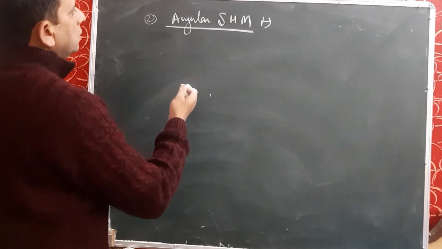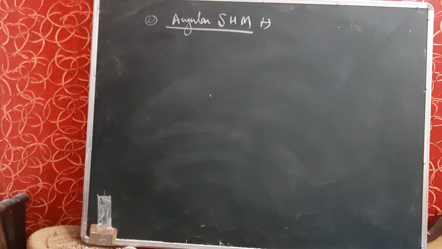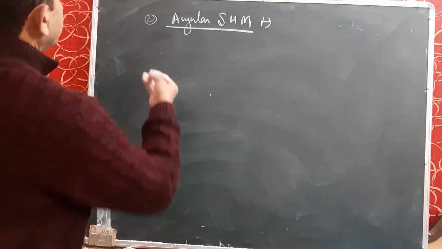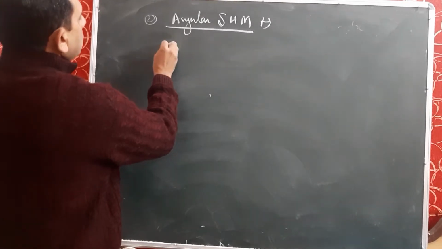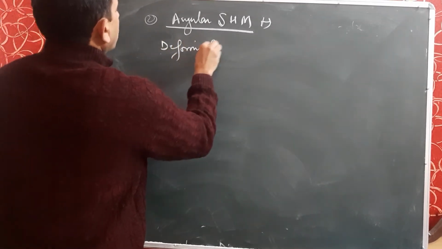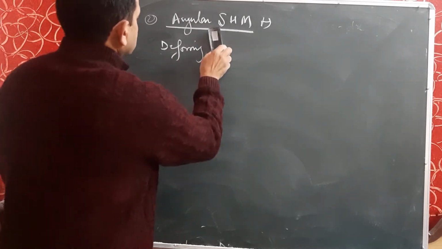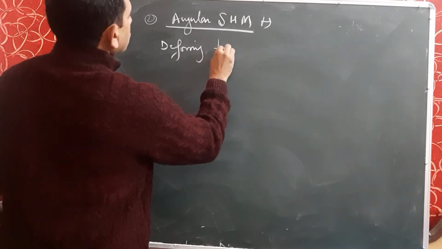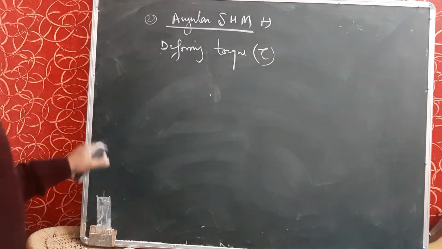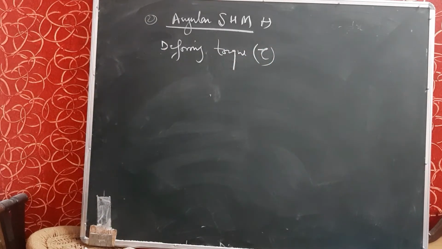So the equation for this motion can be obtained by using deforming torque and restoring torque. So we can find the equation by these two. Deforming torque is not force, it is torque, because in angular motion the force is replaced by torque.